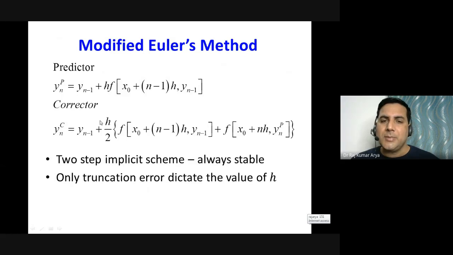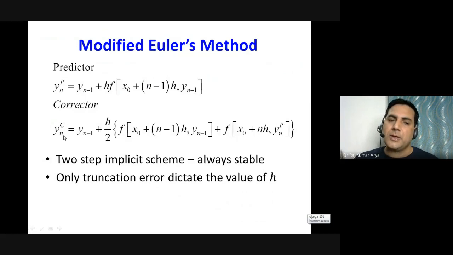Now this is used to substitute a corrected value here, and then you calculate here and repeat it till this yc becomes stable, corresponding to the first point n. You substitute it back here, so you will get a corrected value here.